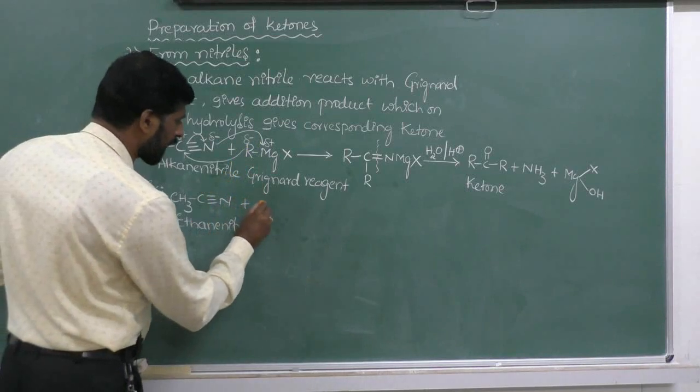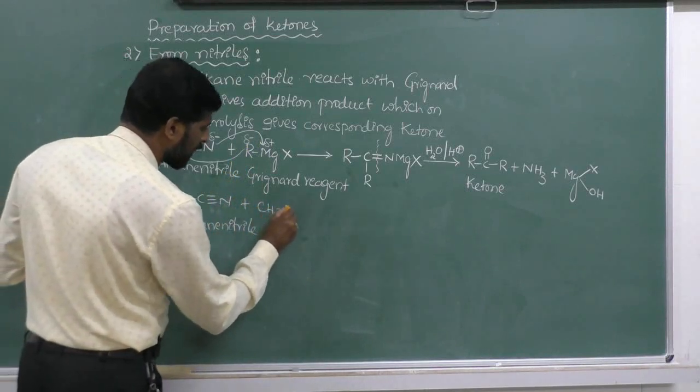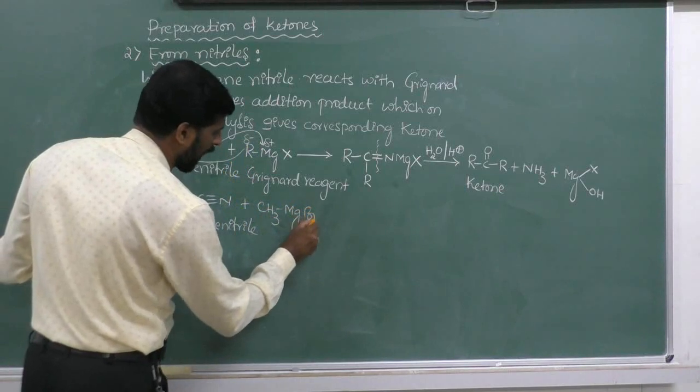Ethane nitrile reacts with methyl magnesium bromide.